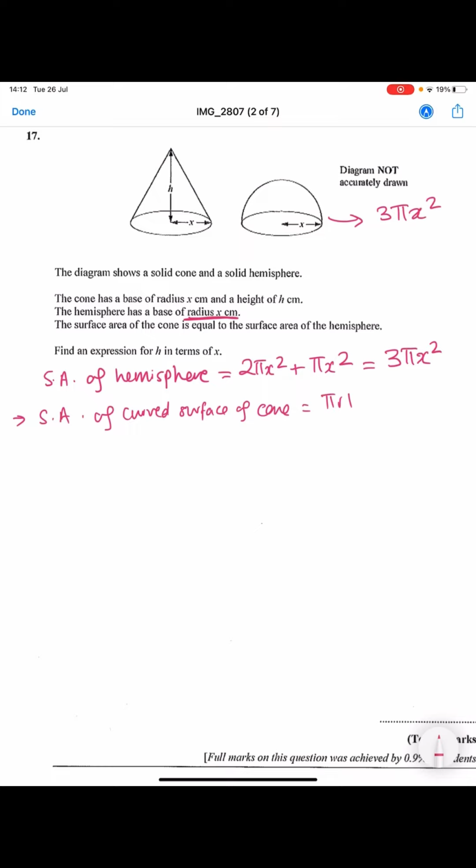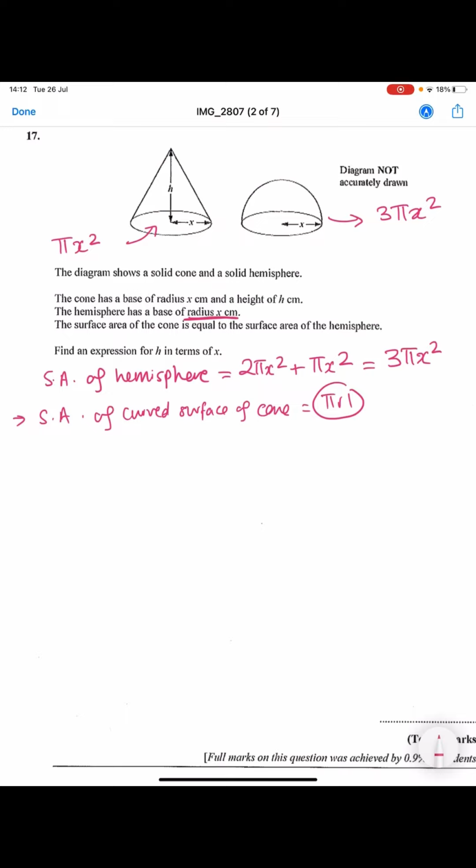Okay, let's work out the surface area of this cone. Let's just do the bottom circle part, which is easy because it's just the equation of a circle, pi x squared. We replace the r with the x. Now the curved surface area of the cone is pi times the radius times the length.